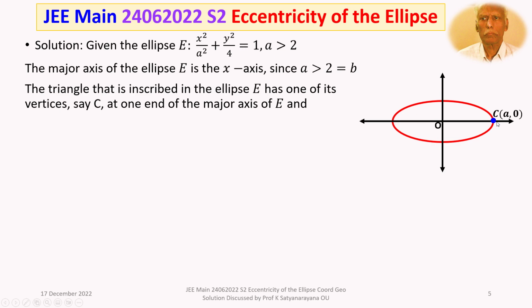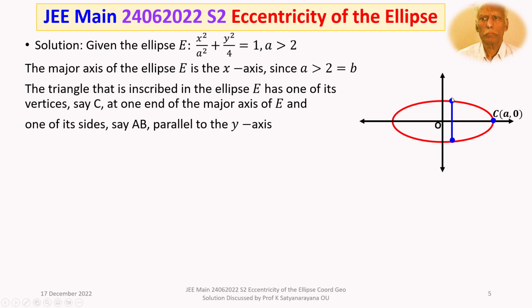Further, it is given that one of its sides, say AB, is parallel to the y-axis. So AB is parallel to the y-axis, and A is here and B is here.